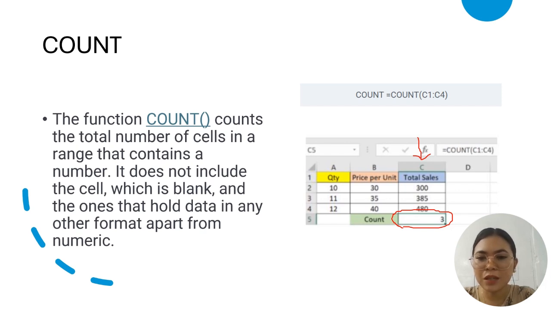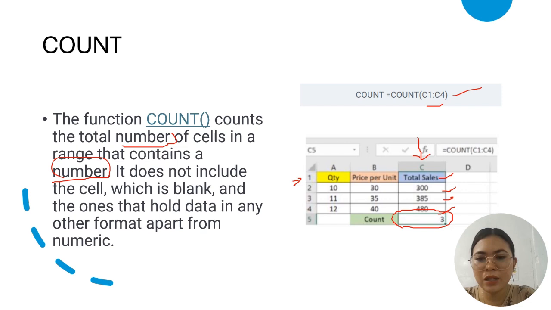For example, here in our column C, we are finding out the number of cells in that column. So you use the formula equal COUNT, and then you put the range. So here we have C1 hanggang C4. So this is counted 1, 2, 3, 4. And as you can see, though may value si C1, remember yung rule ni count is yung mga cells lang na contain numbers.